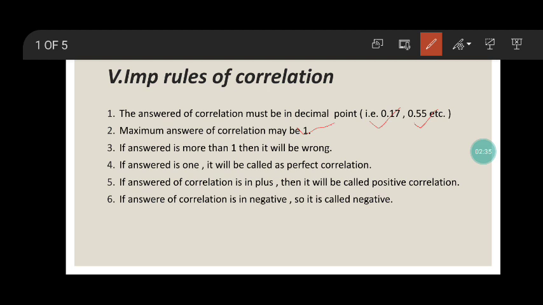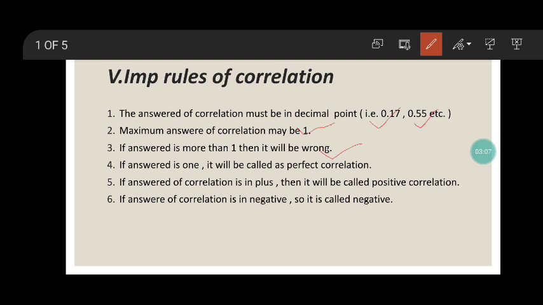The rule number 2 says that whatever coefficient of correlation you have calculated after applying the given formula should not be more than 1. It might be less than 1, it may be between -1 and +1, but it can never be more than 1. The third rule says that if the answer is more than 1, then it will be wrong.